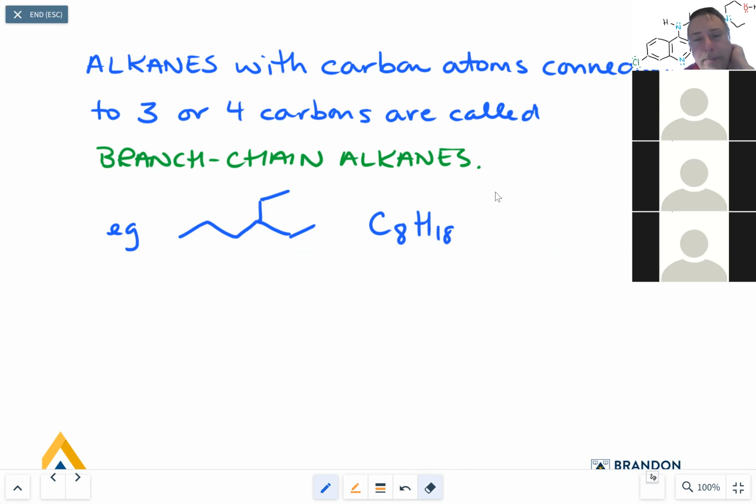And it turns out that branched alkanes burn with a higher octane value, so they are preferred in the use of fuels. But as time goes on, we'll probably see less and less cars that run on actual petroleum, given the way that the world's going.